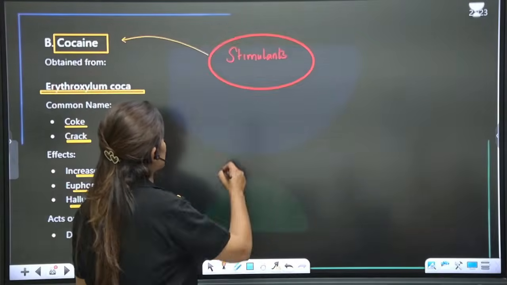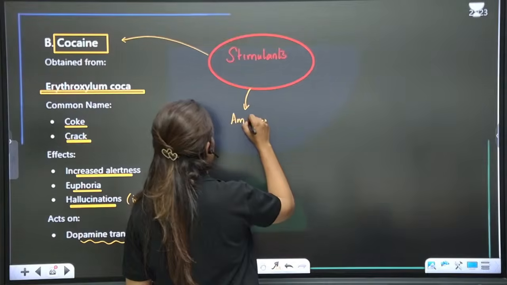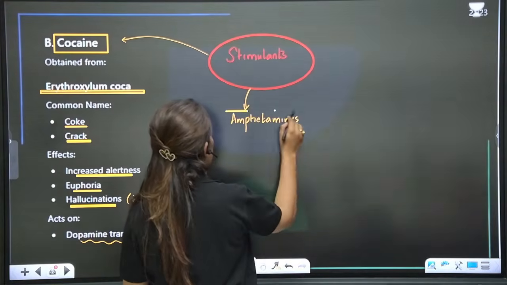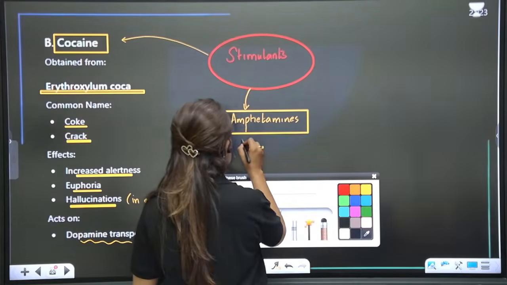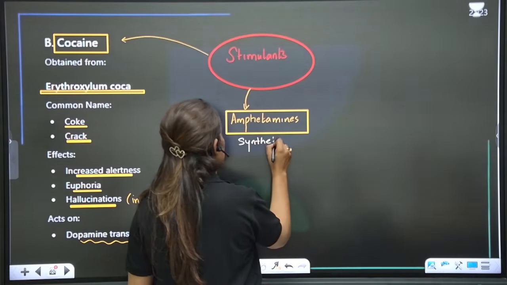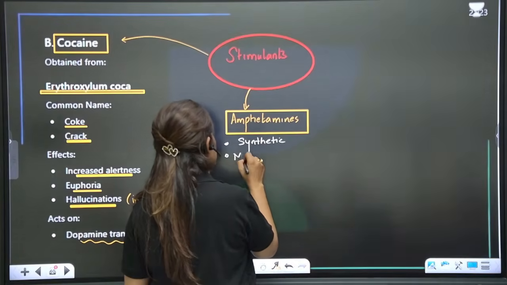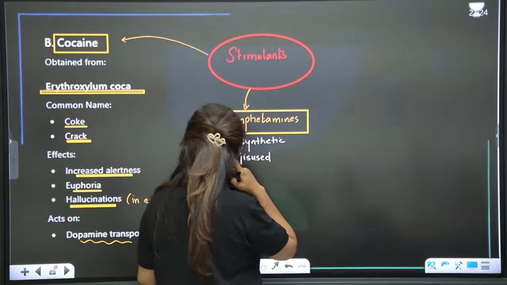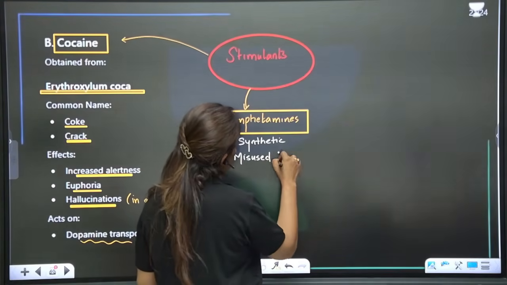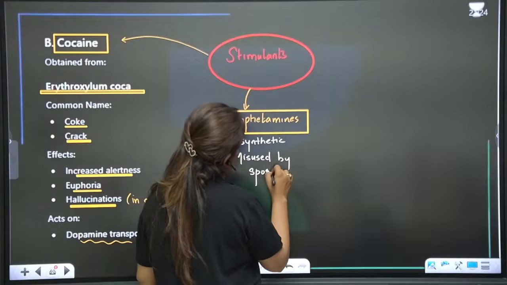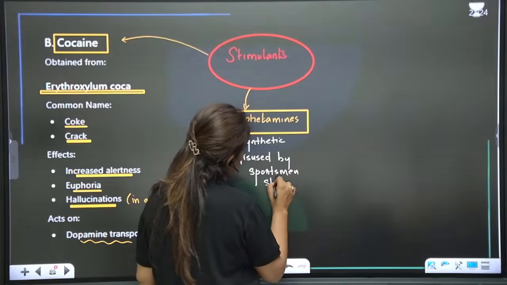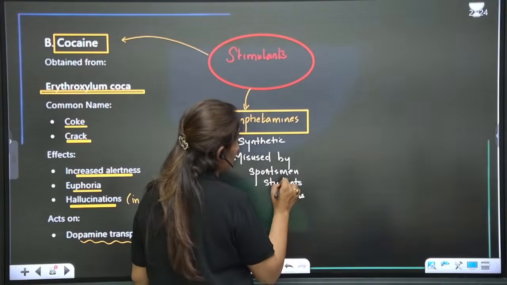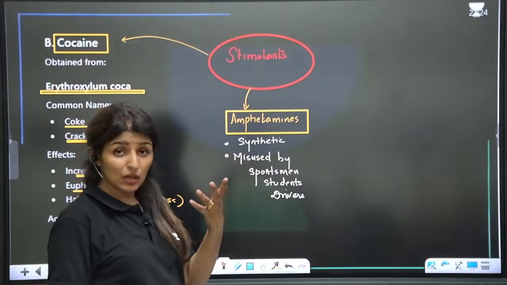Other than this, guys, in stimulants we have amphetamines. Now, amphetamines are totally synthetic. They are not obtained from any plant or any fungus. They are misused by students and sportsmen and athletes and even truck drivers going for long routes, so it helps them to stay awake.